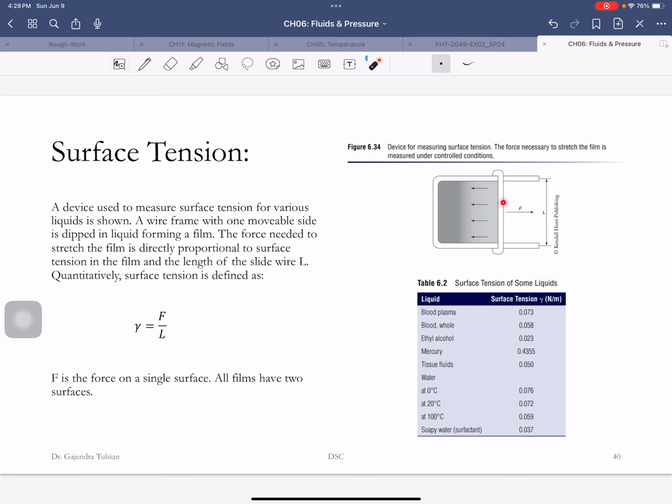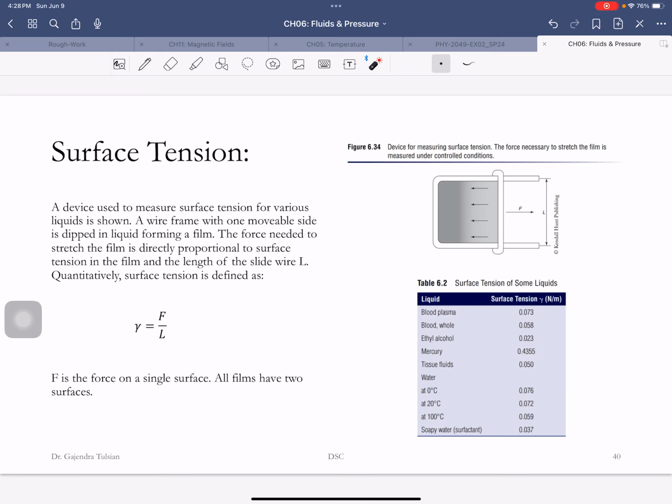You apply a force and pull on this, and the surface tension is the force you have to apply divided by the length of this wire. So it's force per unit length. And you see for mercury, it's enormous compared to these others.